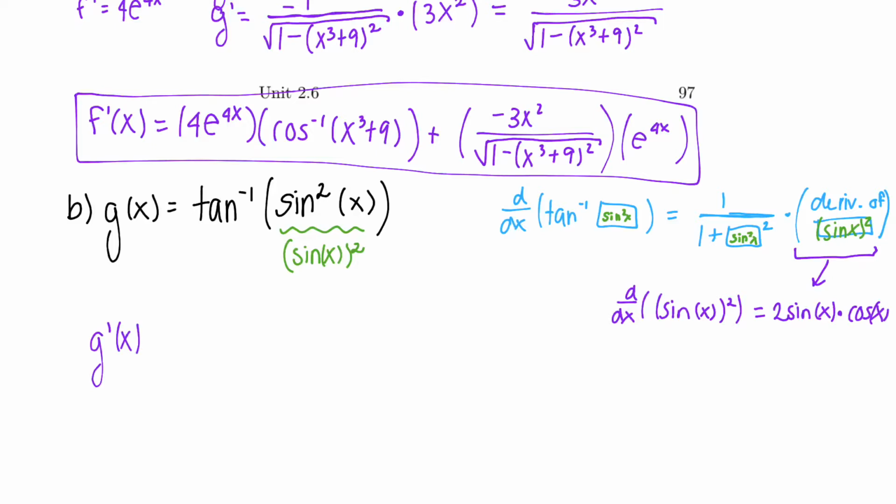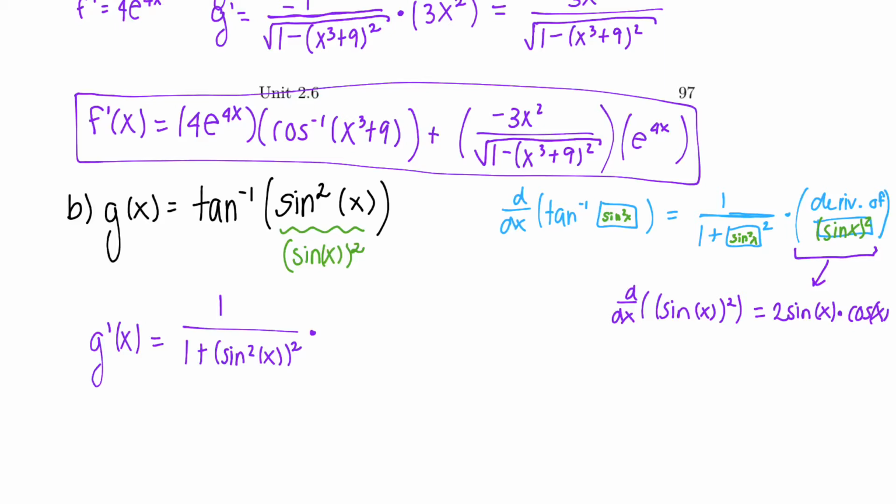So g prime of x, looking at this whole big thing, right? 1 plus sine squared, squared. You can make that sine to the 4th if you'd like, but for ease of reading your notes later, I will leave it as sine squared x, so you don't get too confused. All right, squared times then the derivative of sine squared. Did I write a 4 there or a 2? This is supposed to be a 2. It kind of looks like a 4 because the blue bled into it. But that's okay.